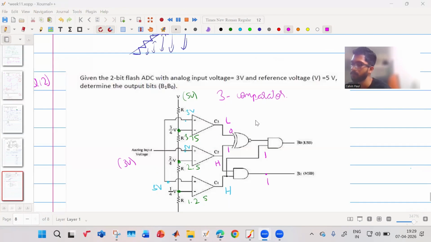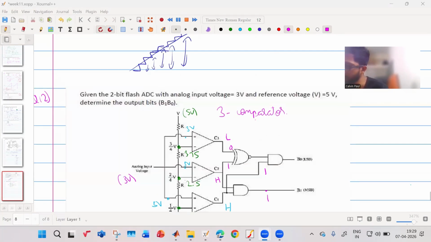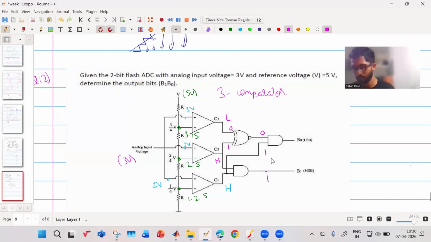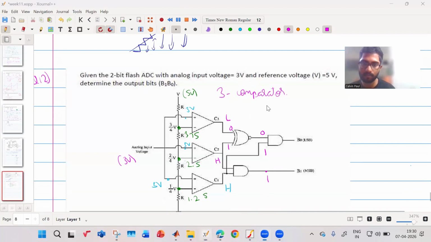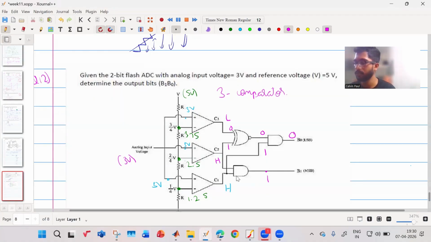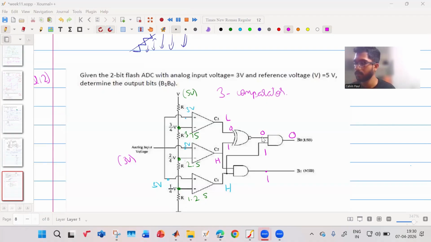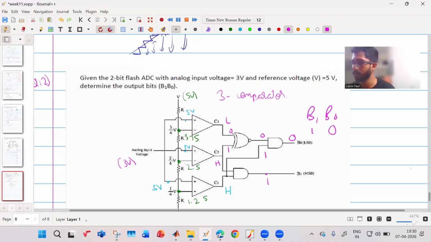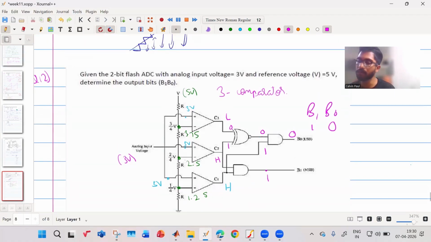XNOR of 0 and 1 is 0, correct? So your B1 and B0 are 1 and 0. This is how we have checked the Flash ADC.